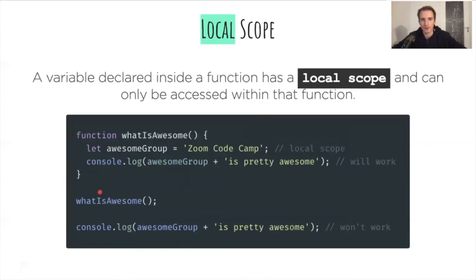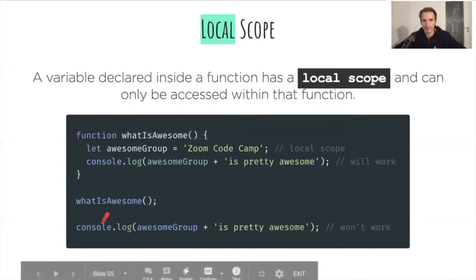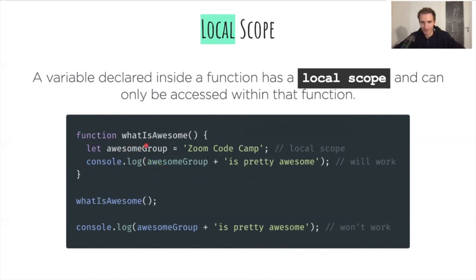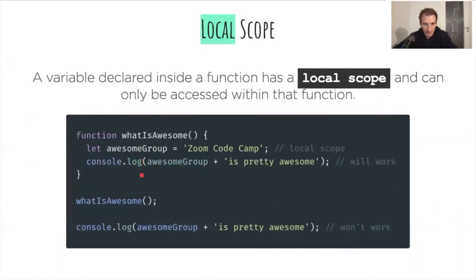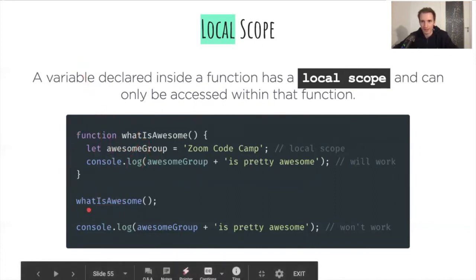On the other hand, if we define something inside of a function, we can only access it inside of that block. In this case, we're doing the same thing, except we're bringing the variable inside of the function. We declare the function and then call whatIsAwesome, invoking it.